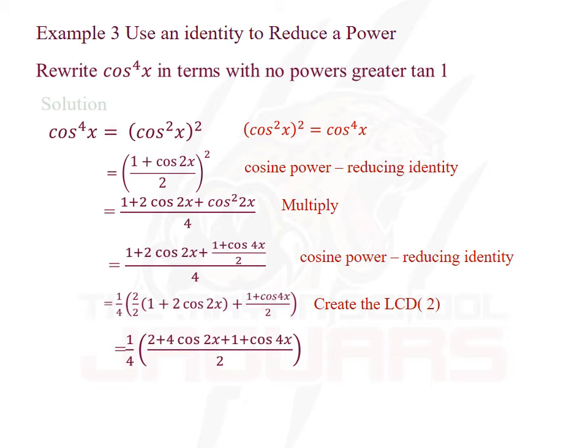That's what we needed. The only thing I have to do here is combine like terms at the top. The 2 in the bottom can be multiplied with the 4 outside. It will be 1/8. And this becomes 1/8 times, simplifying the expressions inside, 2 plus 1 is 3, plus 4 cosine of 2x plus cosine of 4x. And we just get what we needed, that was to get rid of the power 4 and express it with an expression that has no powers greater than 1.